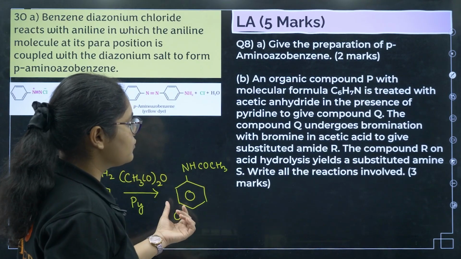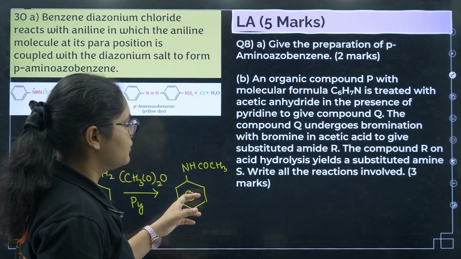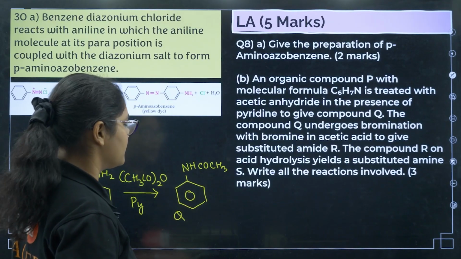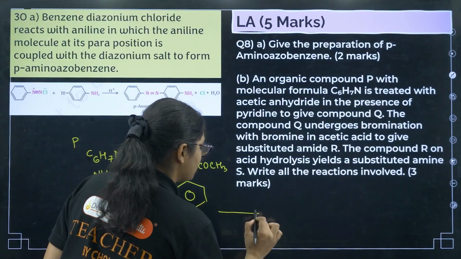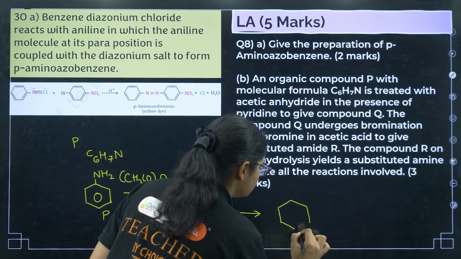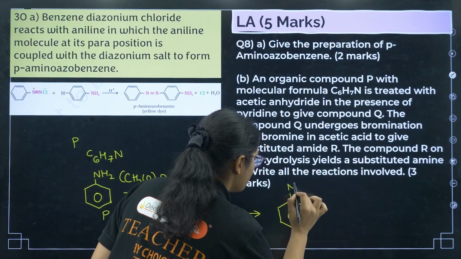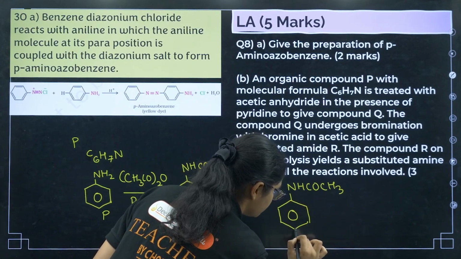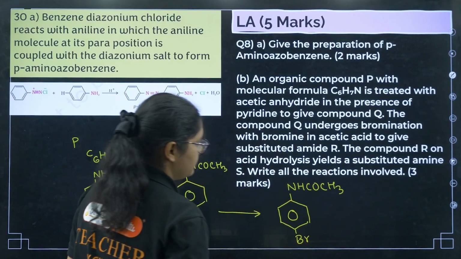The compound Q undergoes bromination with bromine in acetic acid to give the substituted amide R. If you do bromination, what will happen? At the para position bromine will come, so I will get NHCOCH3 with bromine.